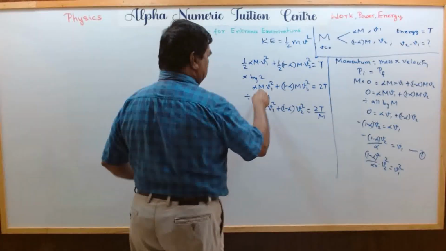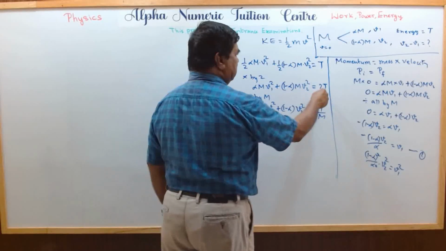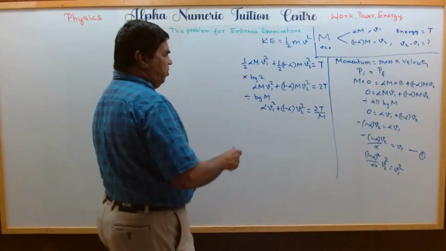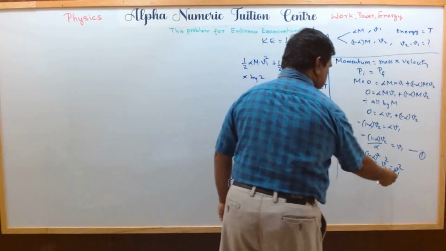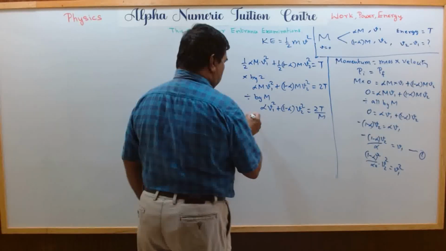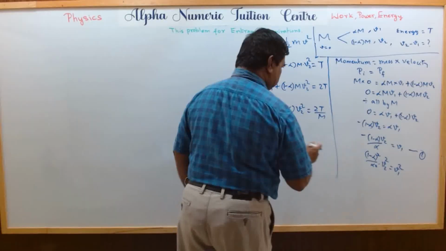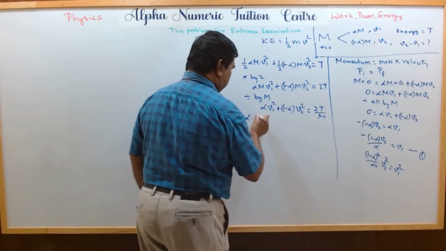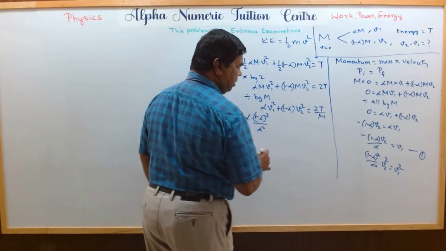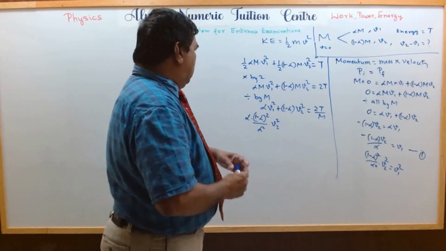Now, what is v1 squared here? We will apply it directly. So alpha into v1 squared, that is 1 minus alpha squared by alpha squared into v2 squared.